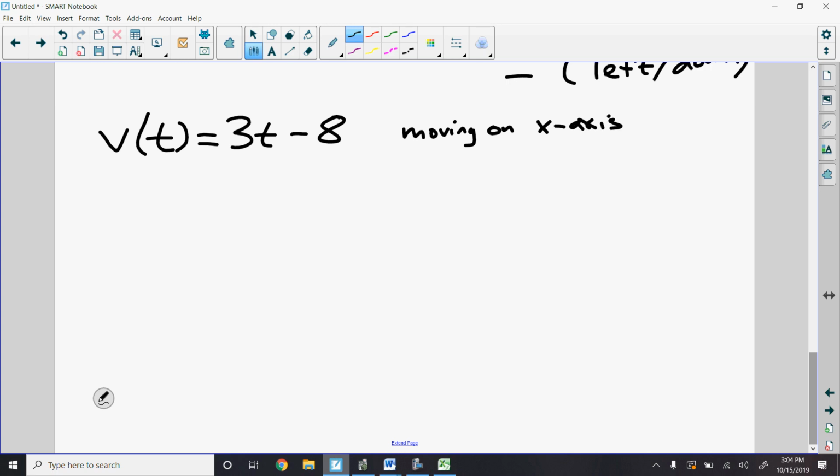This time we're going to throw units in here. v of t is in feet per second. t is in seconds. So I want to know, what is the velocity at t equals 2?